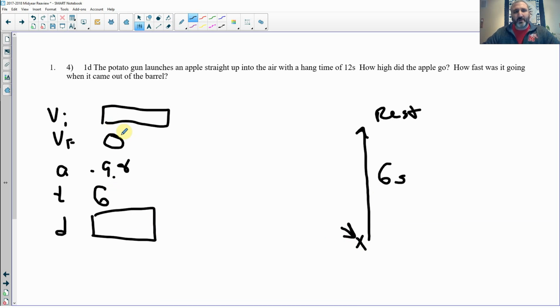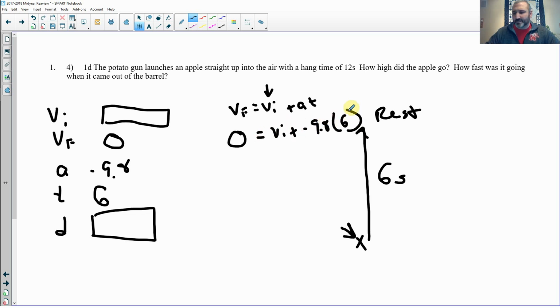So if there was an equation that's got a VF, a VI, an A, and a T, which I think there is, it's VF equals VI plus AT. We should be able to figure out the initial velocity from the final velocity, the acceleration and the time. So plugging in, 0 equals VI plus negative 9.8 times 6, which is a negative 58.8.